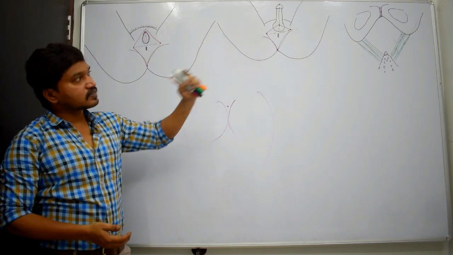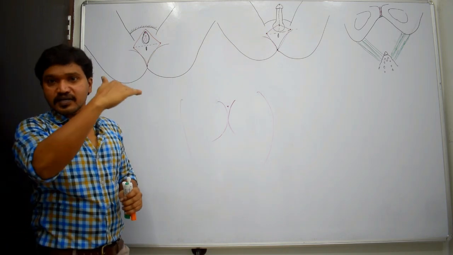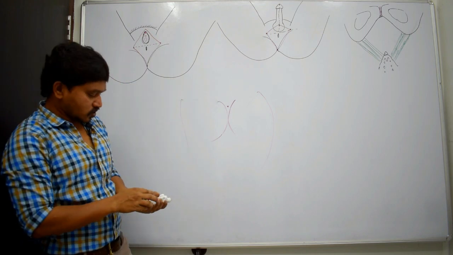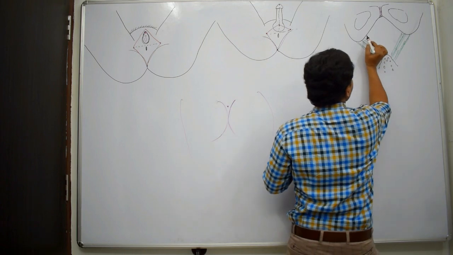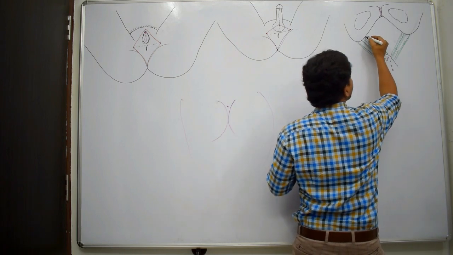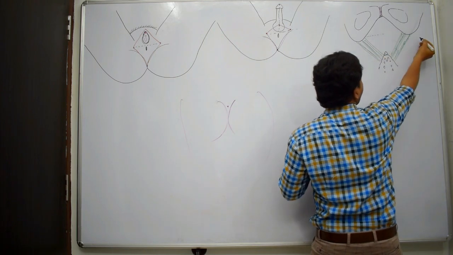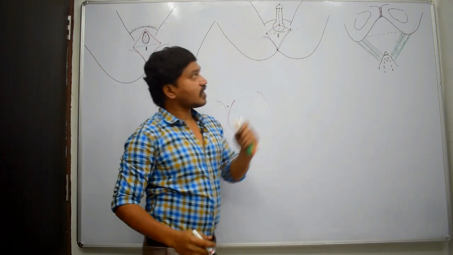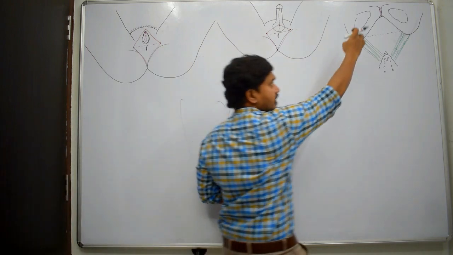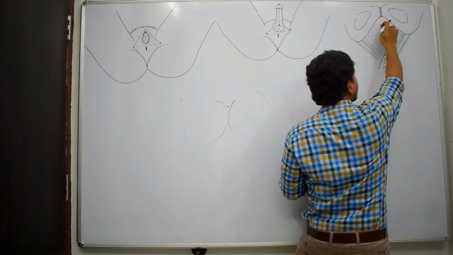Now, we are dividing that perineum into an anterior part and a posterior part like this. We are making a line from the anterior part of one ischial tuberosity to the anterior part of the other ischial tuberosity. If you draw like that, we can divide this diamond-shaped area into an anterior part and a posterior part.